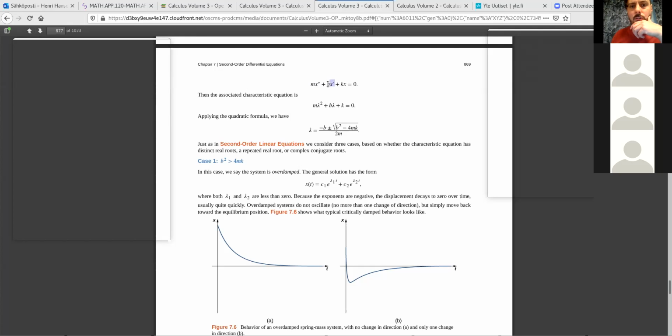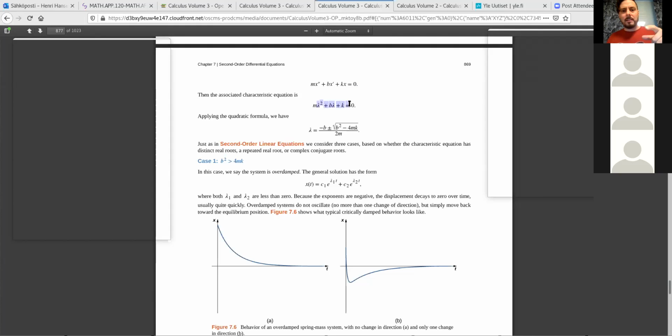This is a force that comes from speed. The m x prime prime is the net force, the force that causes acceleration. Here is the force that causes attenuation of it. And here is the net force caused by the spring. And these must all cancel out to be 0.